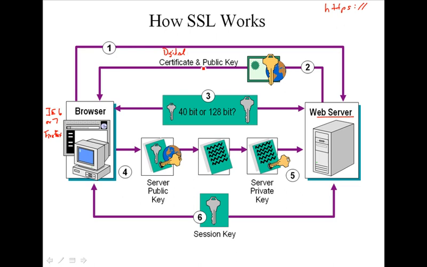and one of the things that the digital certificate contains, the most important thing it contains actually, is the public key of the server. Now at this point the browser has the public key of the server, and there's a negotiation that happens. Are we going to use a 40-bit or a 128-bit session key?